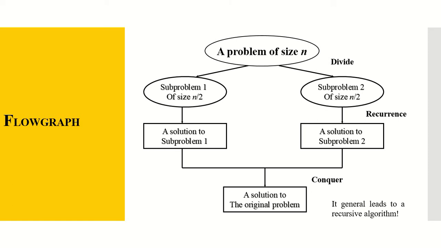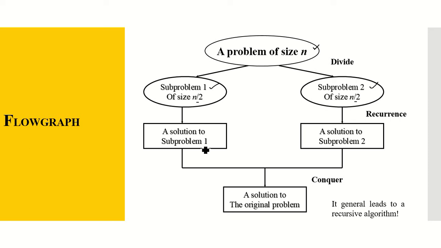Now, this is a flow graph for the divide and conquer strategy. There's a problem of size n over here. This is any real world problem, and that problem is then divided into subproblem 1 and subproblem 2 of size n by 2. So whatever the size n of the problem, it is divided into two halves.